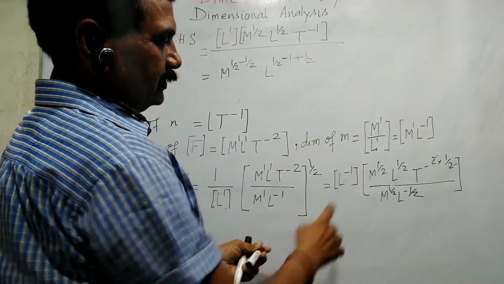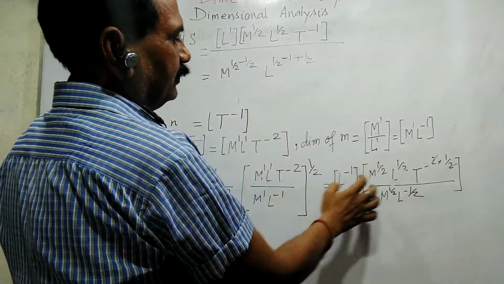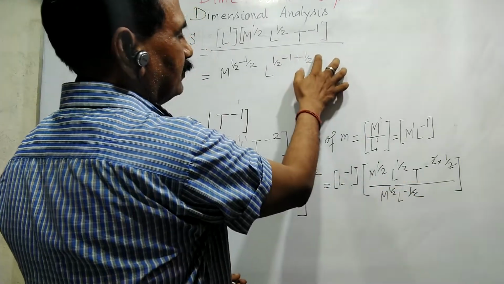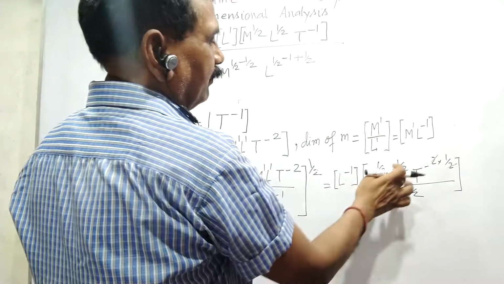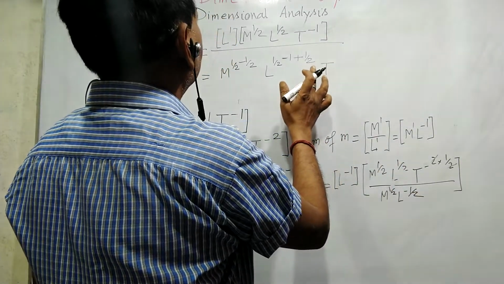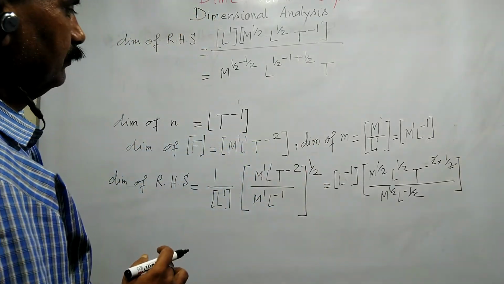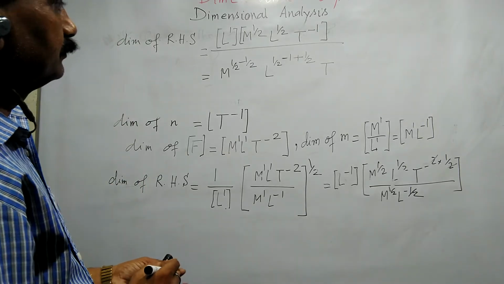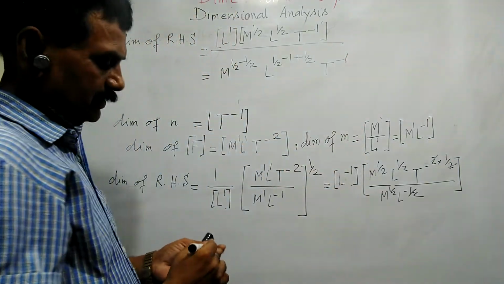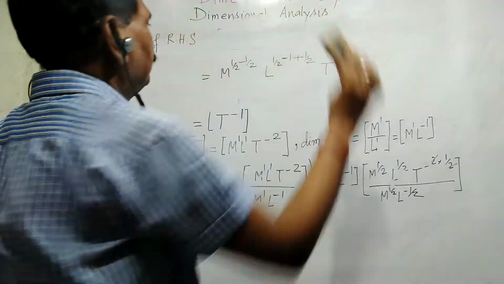Here this is minus 1, this is m to the power half, then m to the power half minus half, and this will be L to the power minus 1 plus half. Then t to the power minus 1.